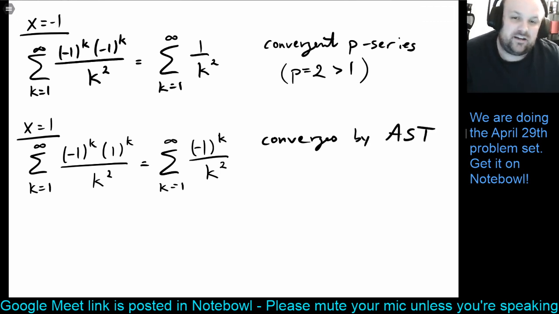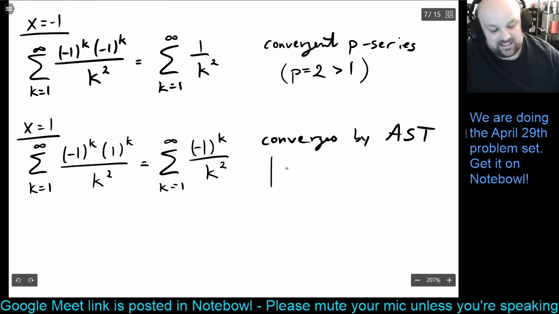There's actually another reason we already know that this converges. And this is kind of a sneaky one, but you can use this if you want. If we take the absolute value of the terms here, we get exactly 1 over k squared.